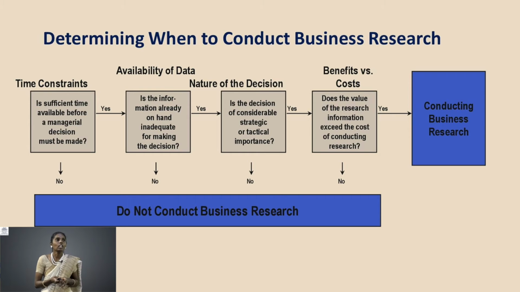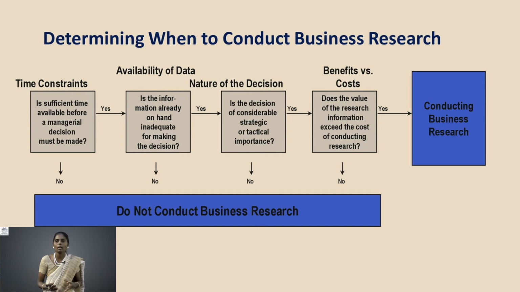Let us say the manager has sufficient time available before making a decision. Then it is suggested that the manager can get into a formal and systematic way of conducting research.